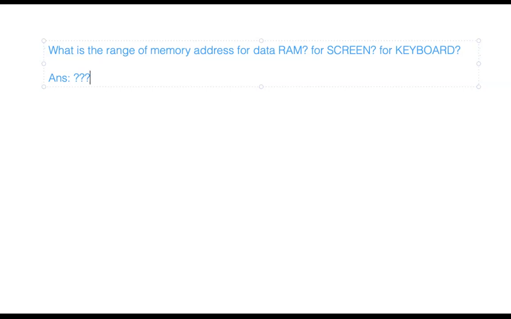Okay, anyone can give me the answer? If you don't know, please check back to the last slides for the computer architecture and find the answer through the slides.